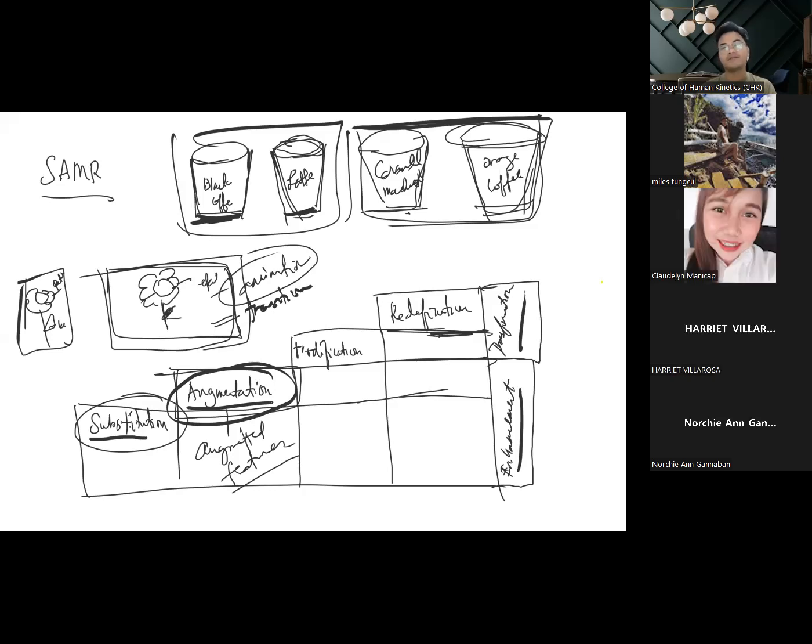Bakit substitution? The same function. Okay. Ano ba ang pinapalitan ko? Blackboard. Yung Blackboard, di ba? yung tool. Saka yung chalk. Yes, sir.